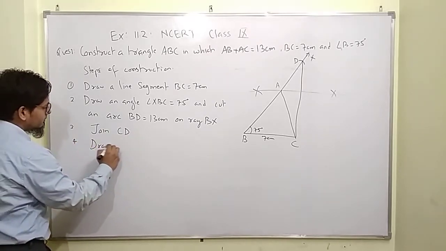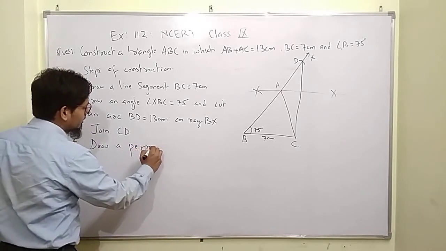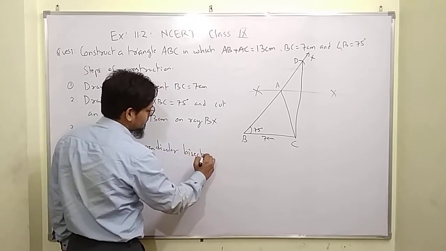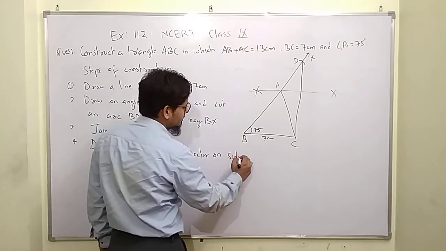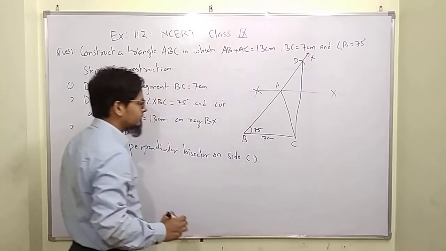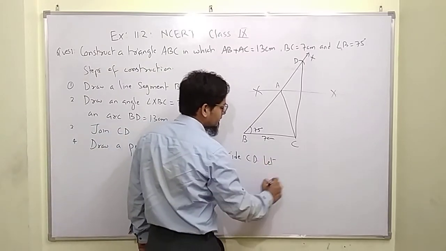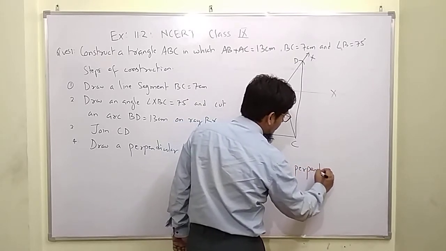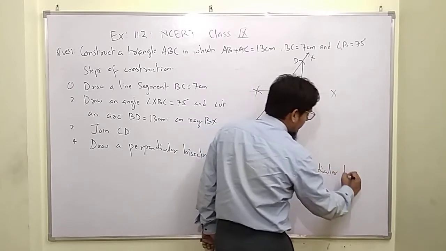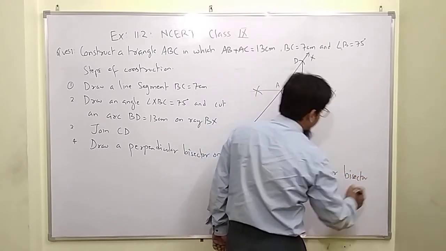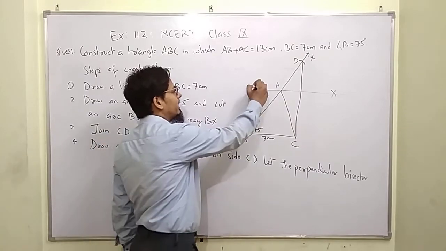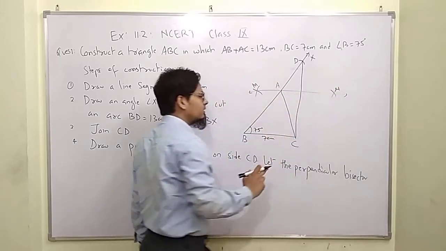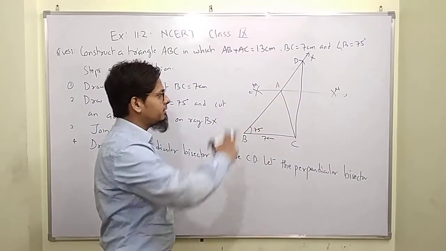Draw a perpendicular bisector on side CD. We may also place the points M and N, meaning MN represents the name of the perpendicular bisector.